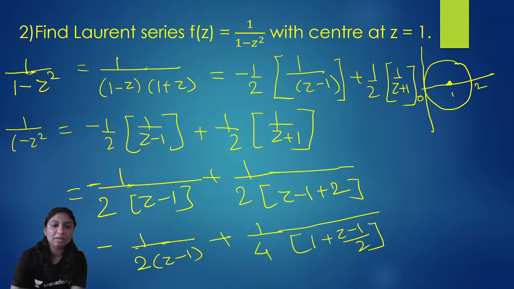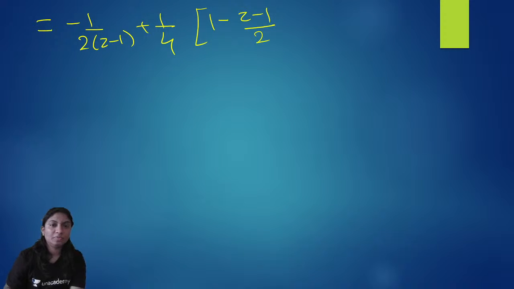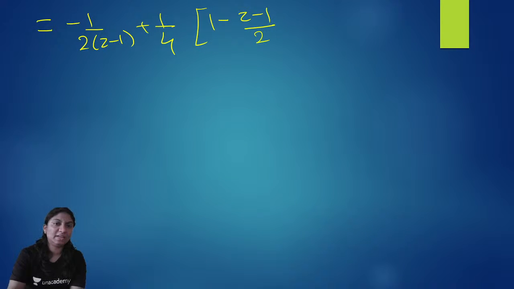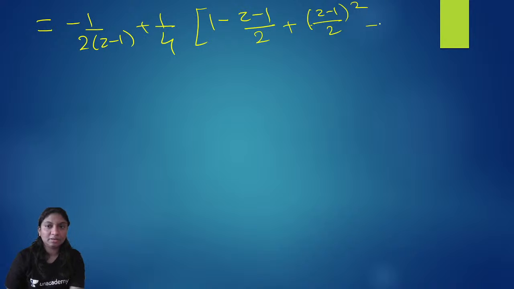Both the ways are there. So it is alternate, plus minus plus minus, 1 minus (z minus 1) by 2 plus (z minus 1 upon 2) bracket square, and so on.